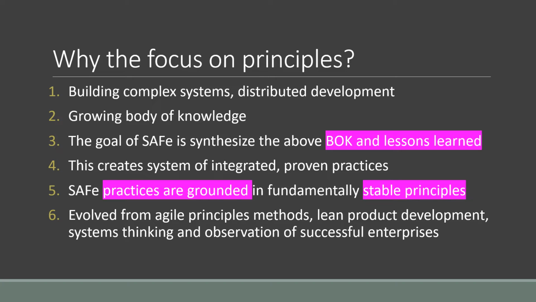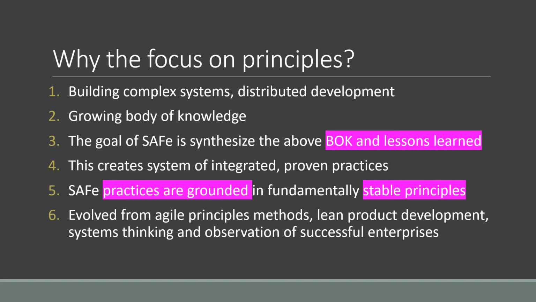These SAFE principles evolved from agile principles, the agile manifesto. You know the 12 principles of agile. Then lean product development, systems thinking, and observation of successful enterprises. That is the reason we are focusing on principles much more than the practices, right?